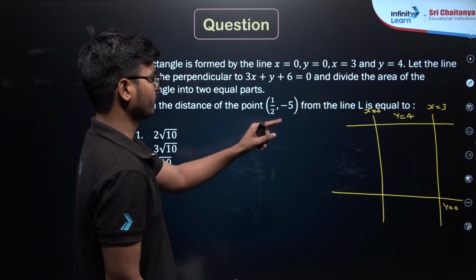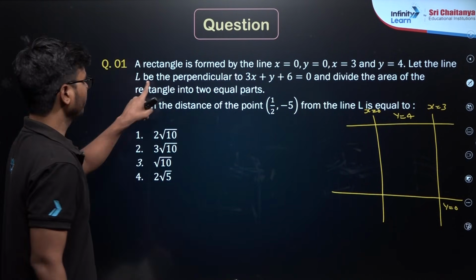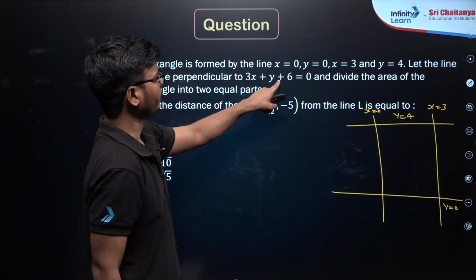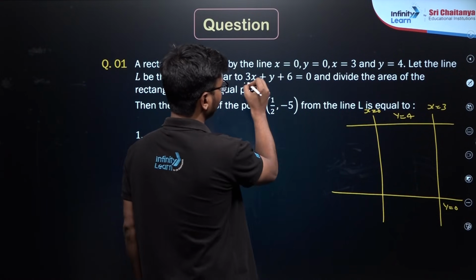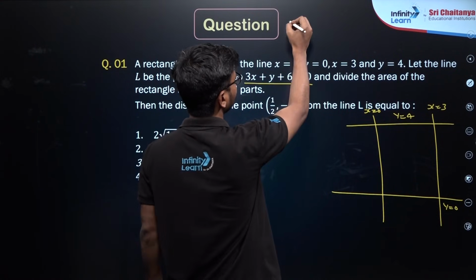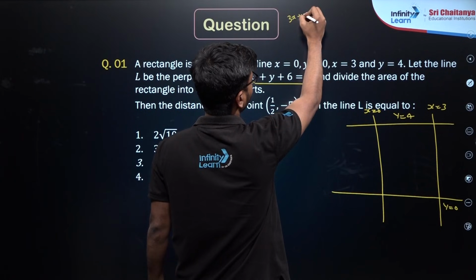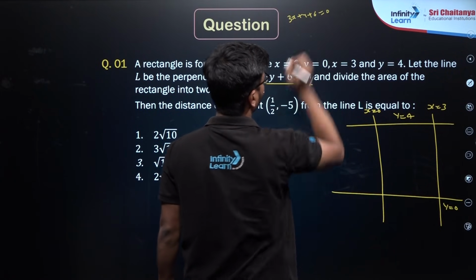Okay. Now the question says that let the line L be perpendicular to 3x plus y plus 6 equals 0. So let's draw this line. The line is nothing but 3x plus y plus 6 equals 0.